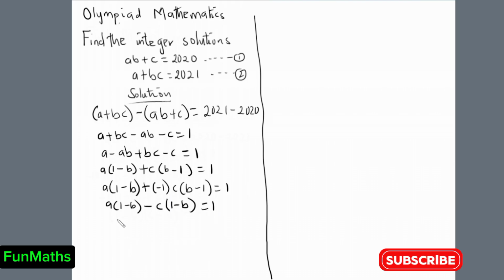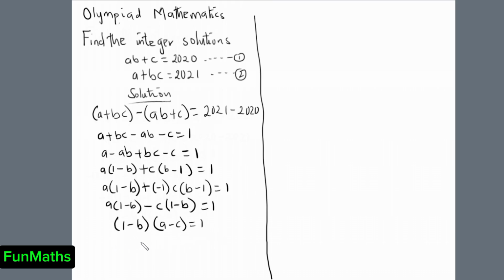The next thing we're going to do is to open this bracket 1 minus B, take one of them, and then open a new bracket A minus C equals 1. This is where we have gotten to so far. These two are multiplying themselves to give 1, and we are looking at integer solutions. What are the possible values that can multiply themselves to give 1?